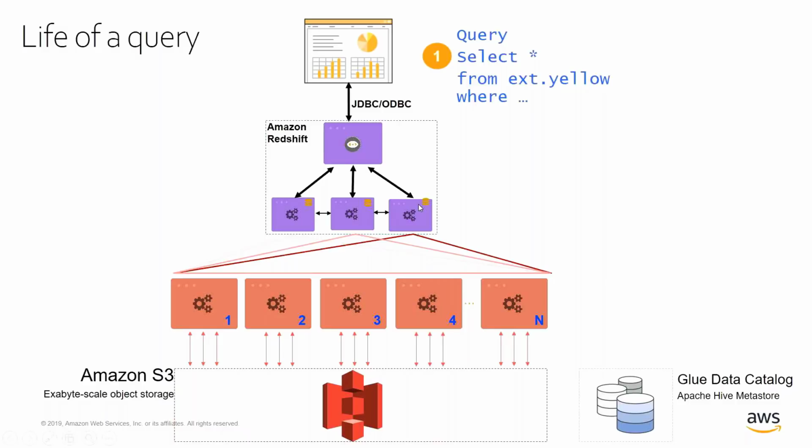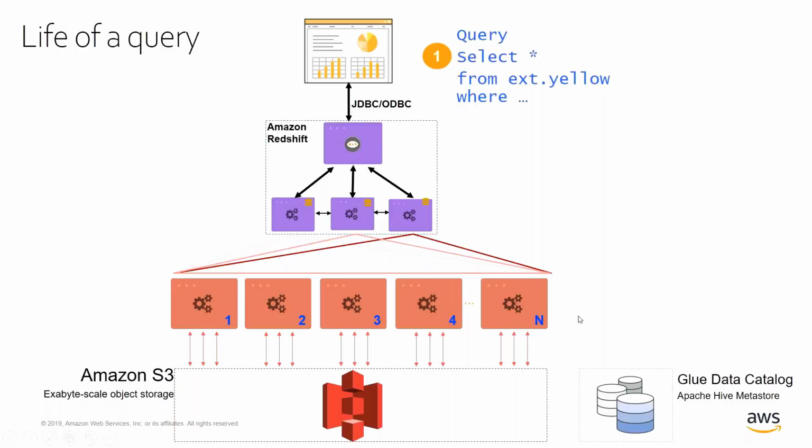The way you would interact with Redshift is through JDBC and ODBC connectors. You would bring query tools or dashboards such as QuickSight or Tableau and connect it to Redshift. So layer 1 is your BI layer. Layer 2 is Redshift. Layer 3 is Spectrum.